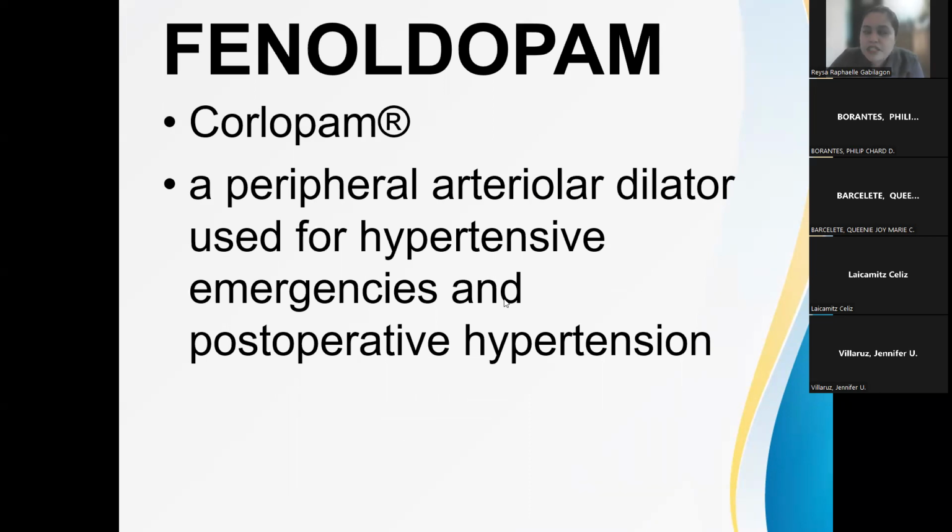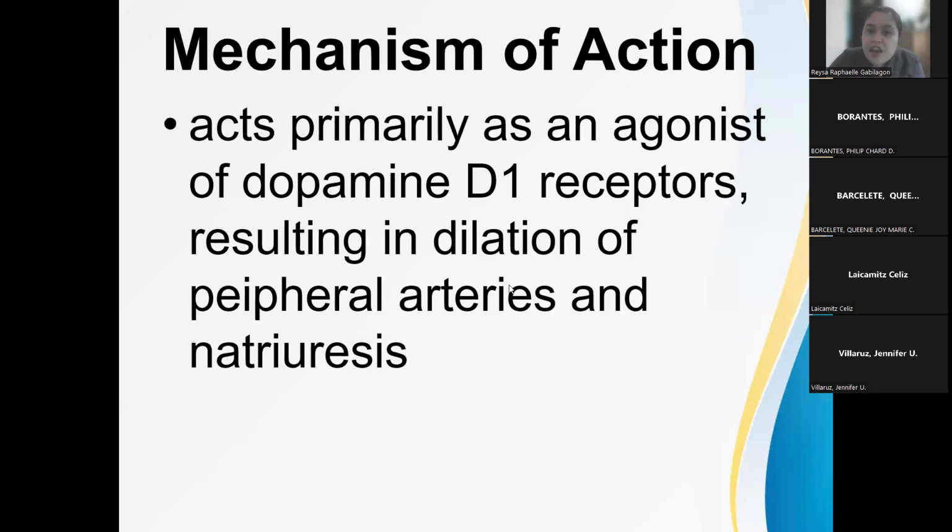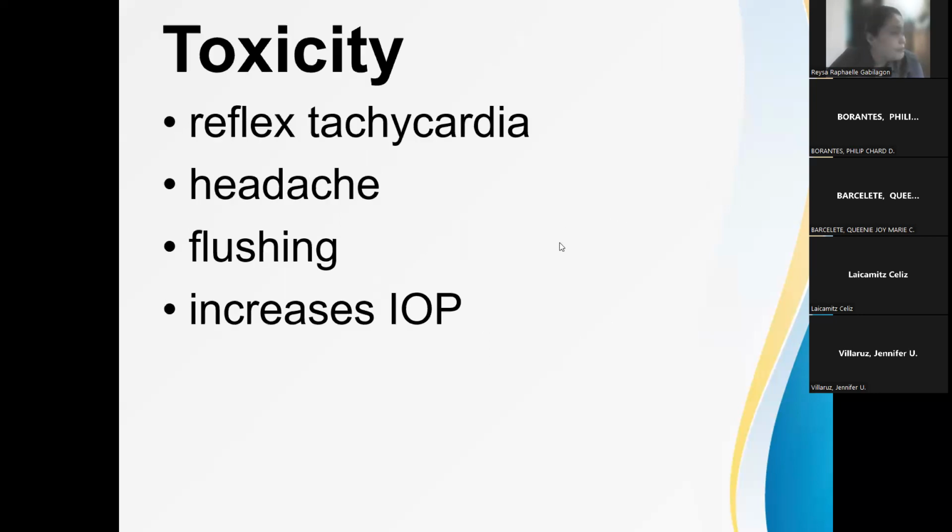Okay, so again, it can be used in hypertensive emergencies or during post-operative hypertension. It is an agonist at the dopamine receptor, resulting in the dilation of the arteries only, and at the same time, it has a natriuretic activity, meaning it can excrete sodium via the urine.